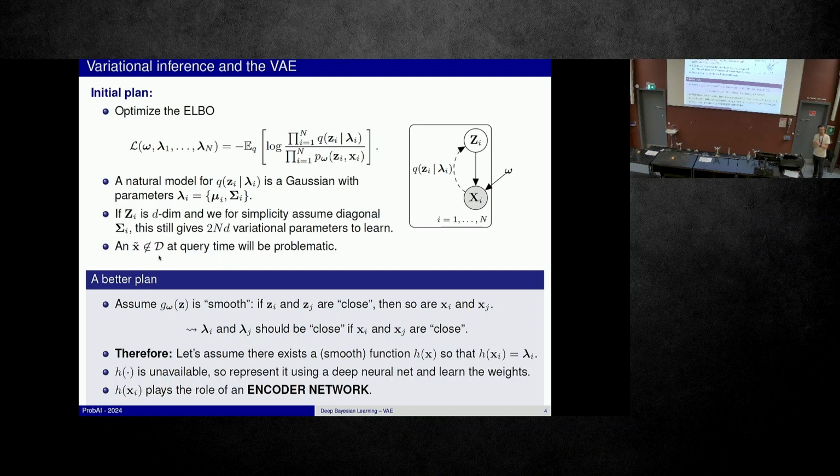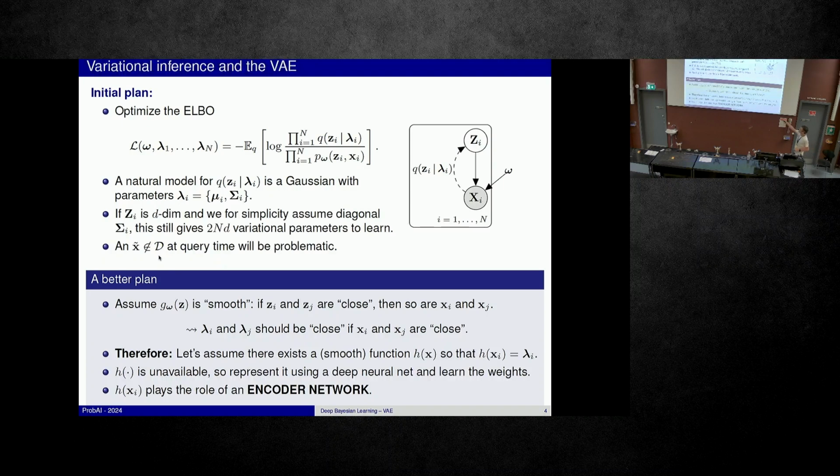If we assume that that is smooth, that means that if zi and zj are close, according to some metric, then we also expect that our data points are close too, according to some measure that we want to use here. And using that smoothness in terms of the decoder network, we would also expect that our variational parameters should be close. So if we have two data points that are close, xi and xj, then our variational parameters lambda i and lambda j, specific for these two data points, should also be close.